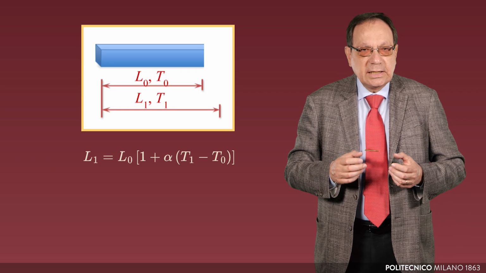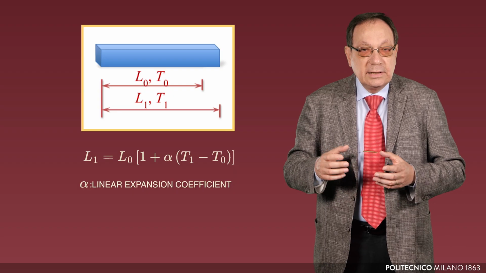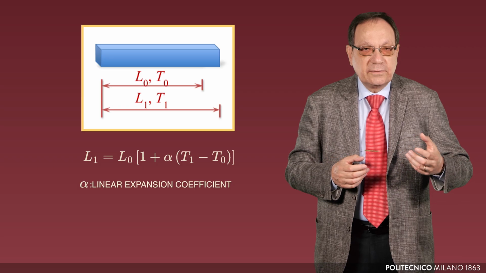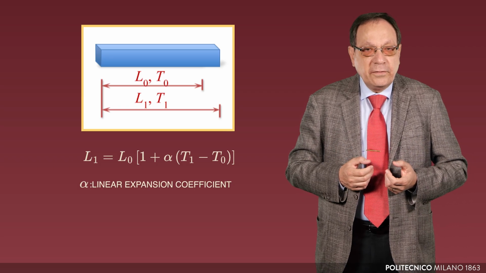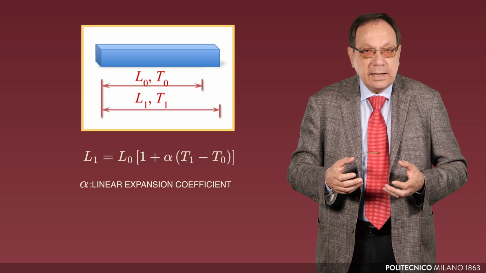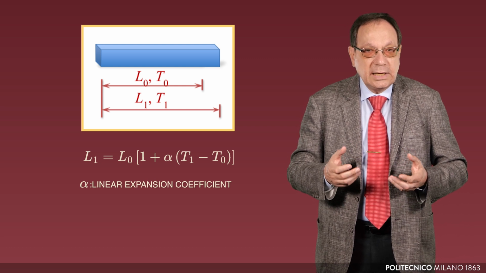If the temperature increases to T1, the length of the bar grows to L1, and this is the linear function that allows one to obtain L1 starting from L0 and the increase in temperature. Therefore, the obtained model allows us to determine the length of the bar at temperature T1, even though it was measured at temperature T0.